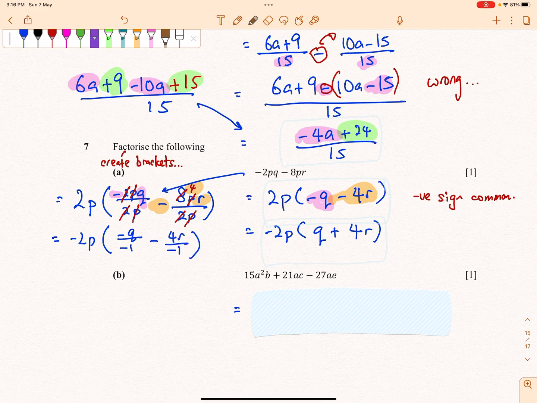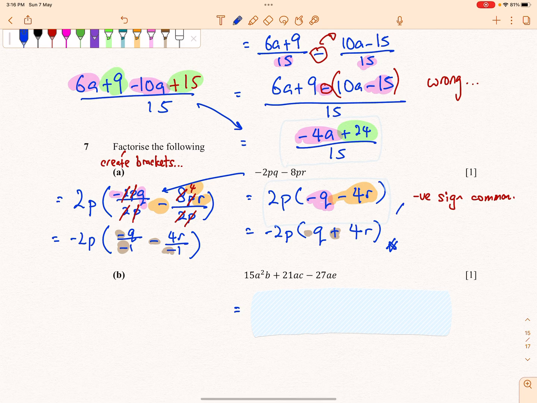So remember, minus divided by minus will give you plus, so you don't have to write any sign here. So then, therefore, this is the answer.